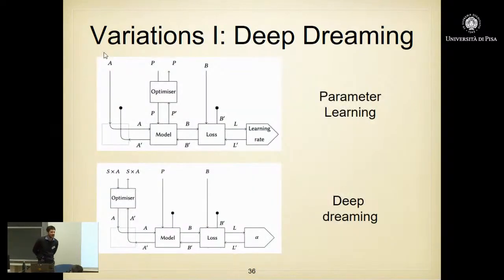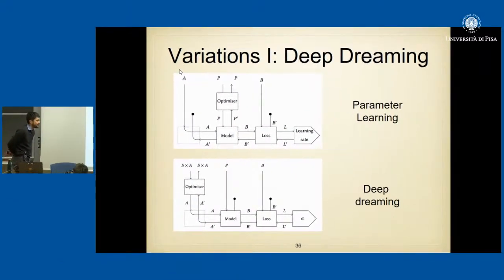Well, it turns out that we can straight away give a neat description of what's going on in deep dreaming. It just amounts to shifting the optimizer from a box over the model to a reparameterization to another box over the set of inputs. And there is really when we make use of this A prime.